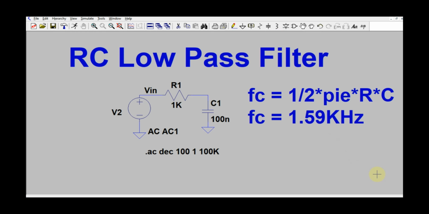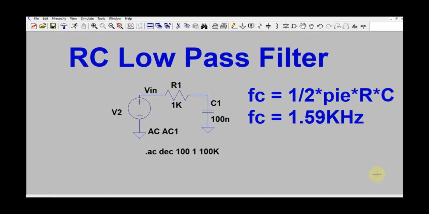So today we are going to understand the frequency response analysis of the RC low pass filter, the AC analysis of the RC low pass filter, or the Bode plot analysis of the RC low pass filter.